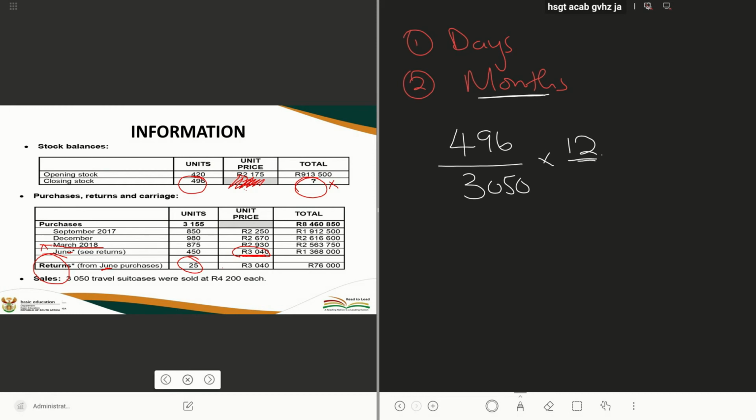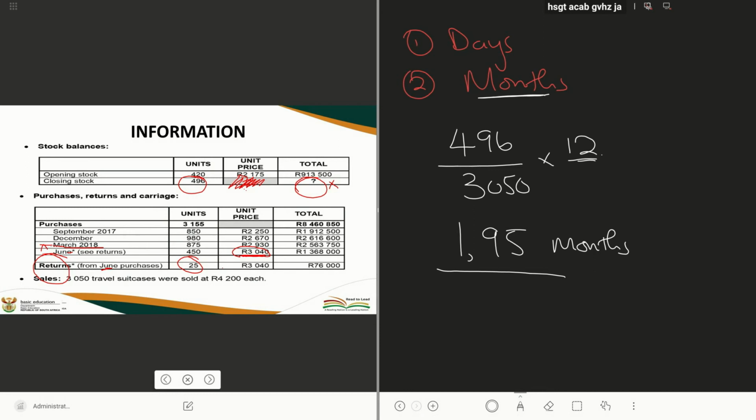So you use your 12 months. Grab your calculator. You now say 496 over 3,050 multiplied by your 12 months. So your answer will now be 1.95 months.